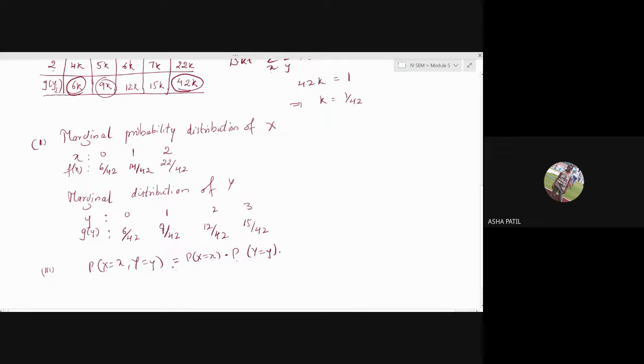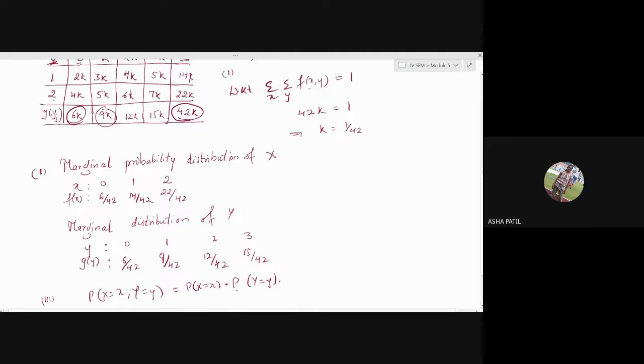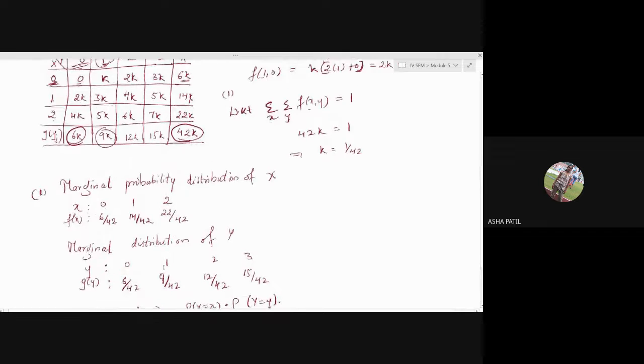Just check this, it will not obey. Then we can write that the variables are dependent, for any one value we can take.